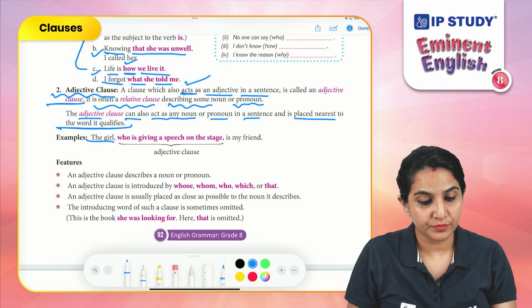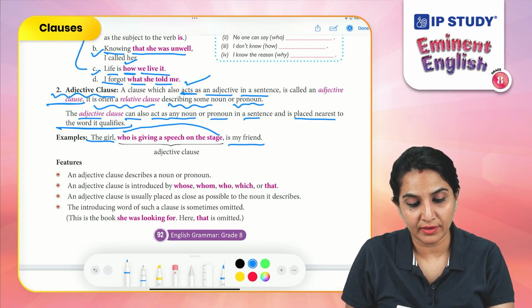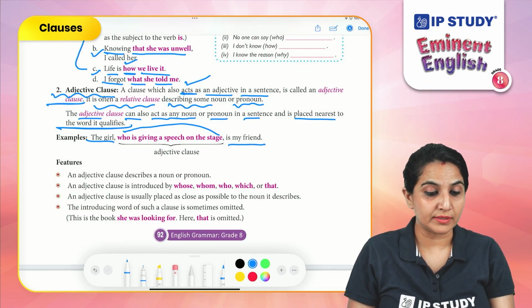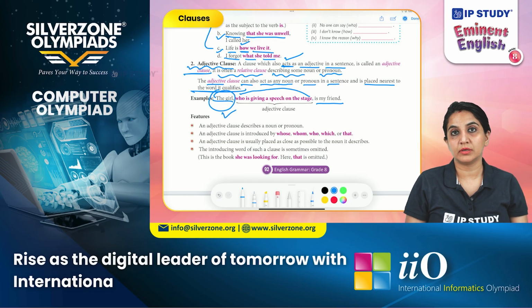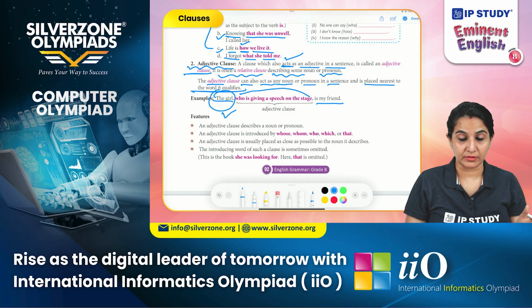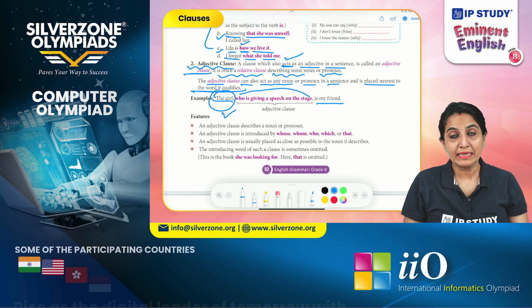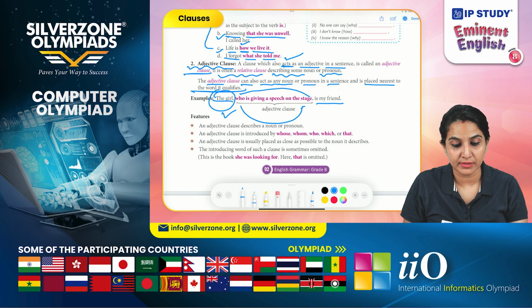The girl who is giving a speech on the stage is my friend. So here we are adding more information about the girl, right? Here we are talking about the subject, the girl, by putting the adjective clause who is giving a speech on the stage.